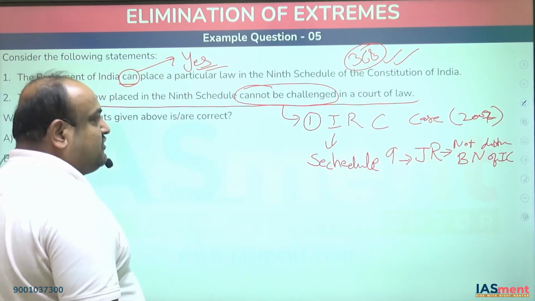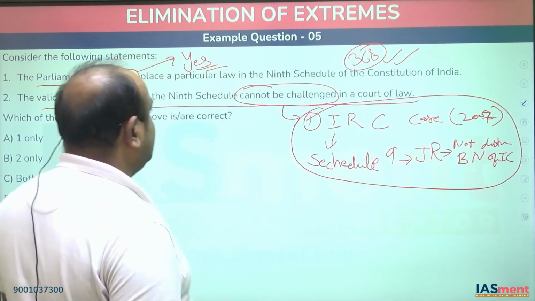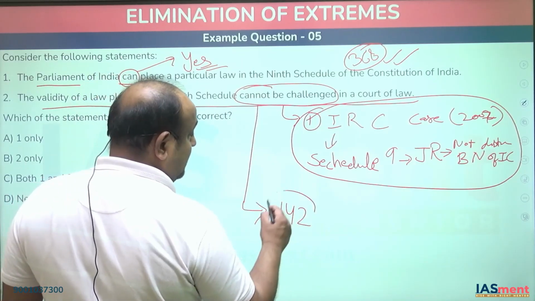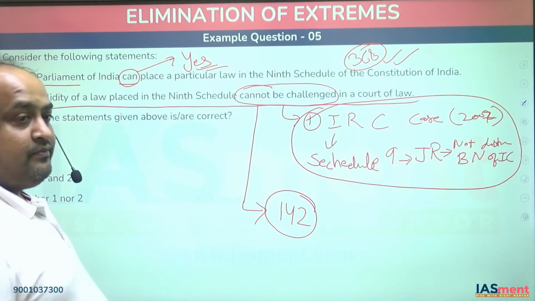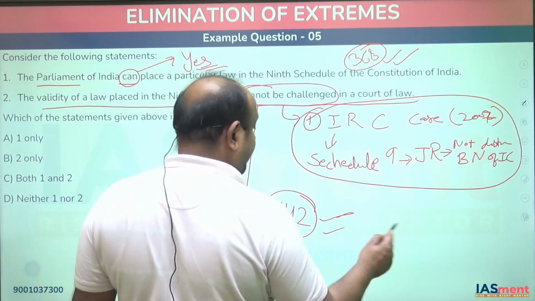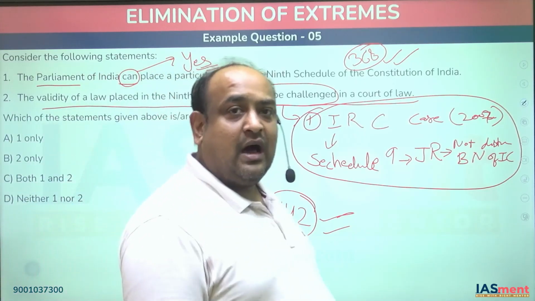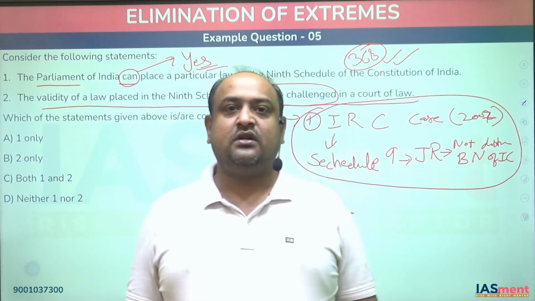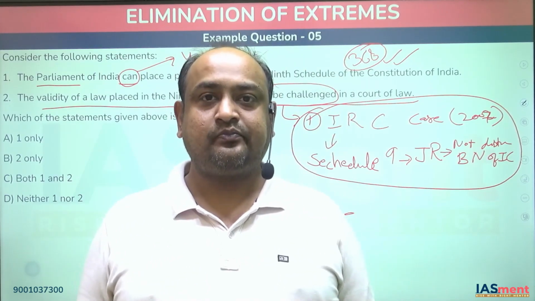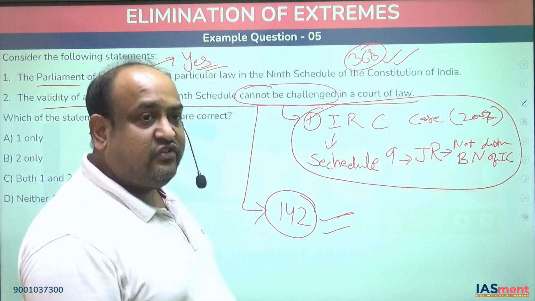ठीक है, लेकिन चलो मान लो अगर आपको इसके बारे में कोई नॉलेज नहीं है कि ऐसा कोई केस हुआ भी था, तो आपने आर्टिकल 142 तो पढ़ा होगा। पढ़ा है या नहीं? बस, आर्टिकल 142 सुप्रीम कोर्ट को स्पेशल पावर्स देता है। Article 142 allows the Supreme Court to intervene into any matter, even if it is in its jurisdiction or not.